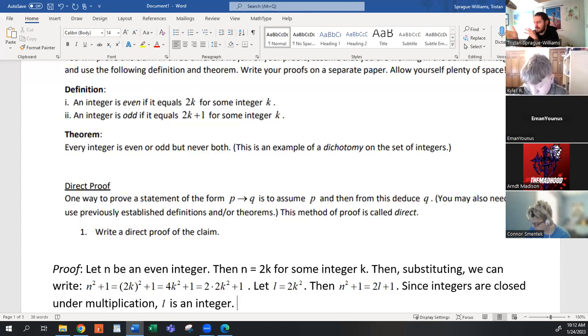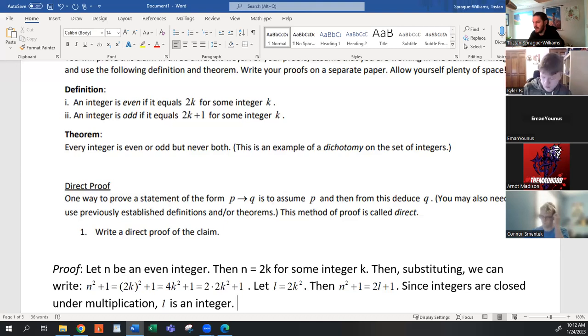The reason I'm stating why L is an integer here is because L was not already stated to be an integer. L is something that is defined using a formula, and not all formulas with integer inputs are guaranteed to give you integer outputs. Take, for example, a square root formula.